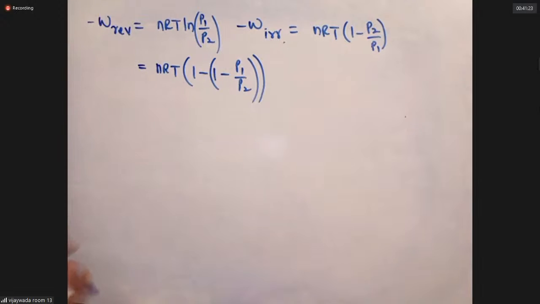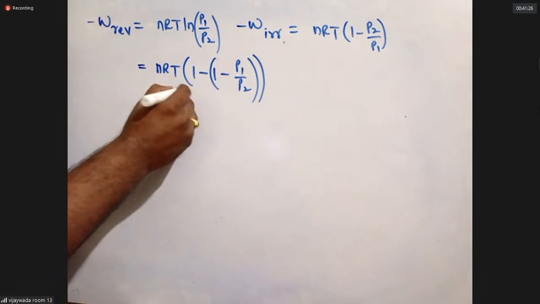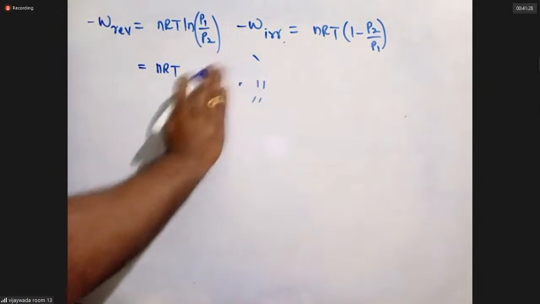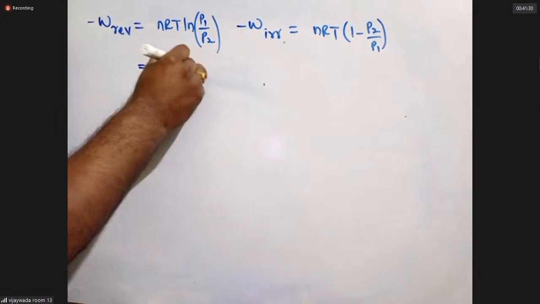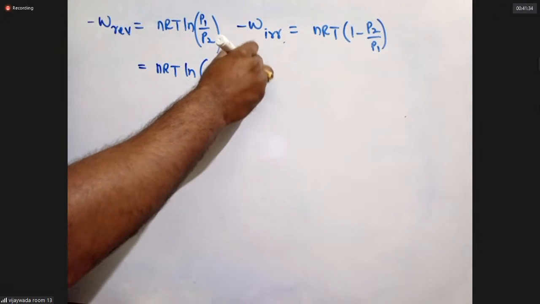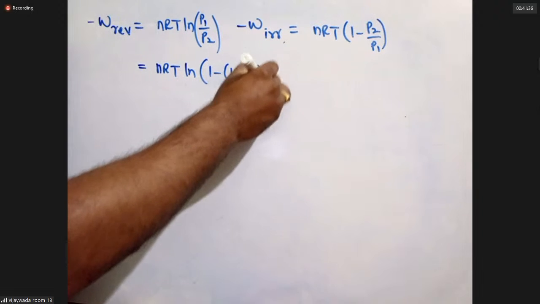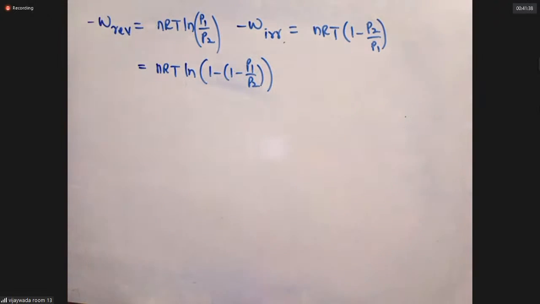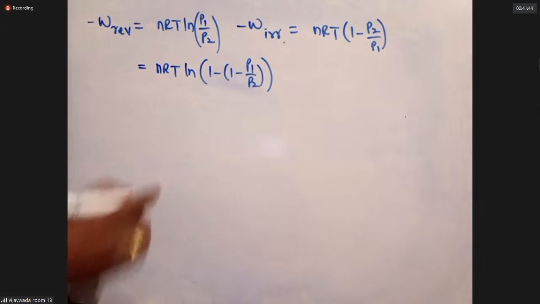Yes, we can write. Sorry, this will be logarithm, right? ln into 1 minus, 1 minus P1 by P2. Yes, we can write, because the 1s cancel, minus minus P1 by P2.